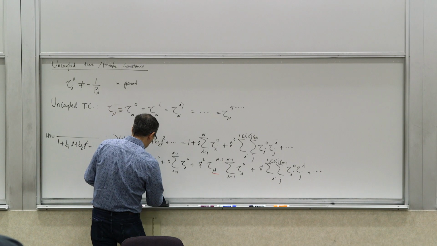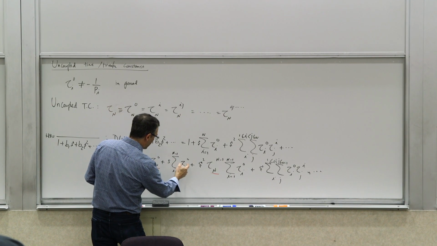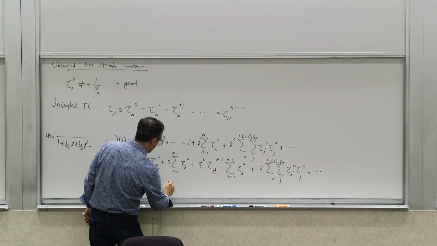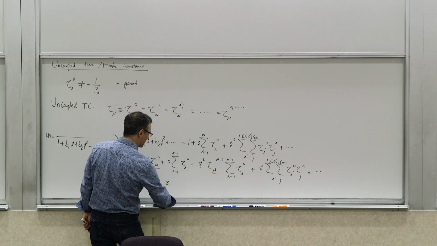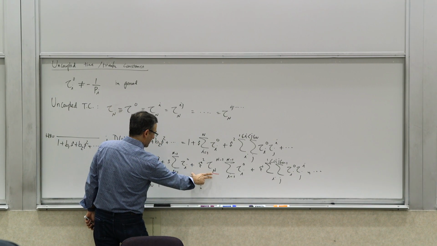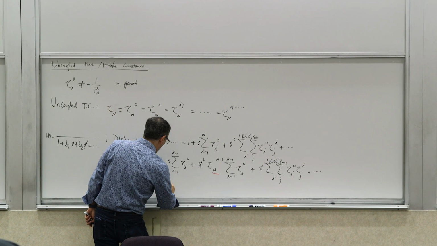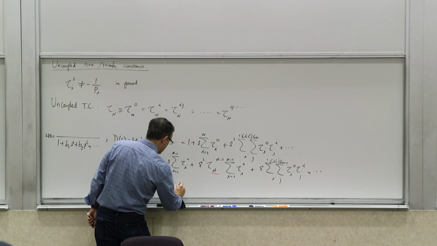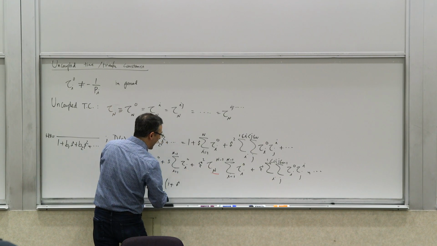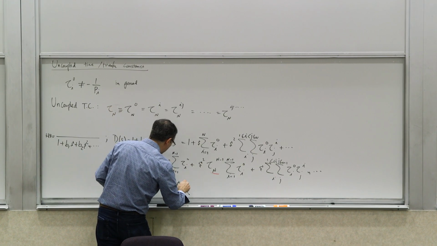Tau n, okay, plus then between these two, what do I get? I have an s, times, or let's write it this way, I have 1 plus s. Now, tau n minus 1 is also tau n.